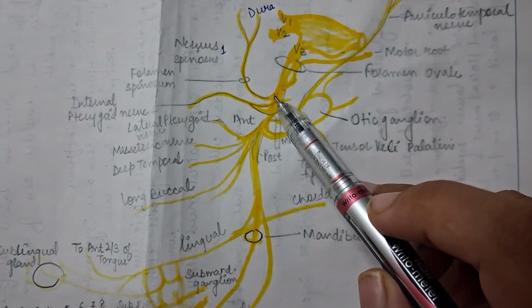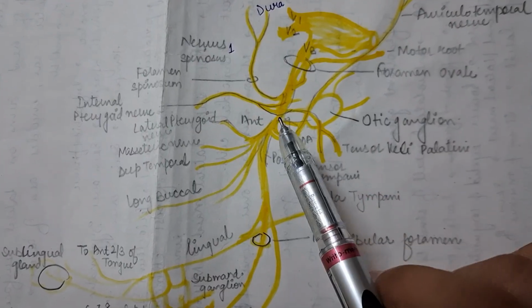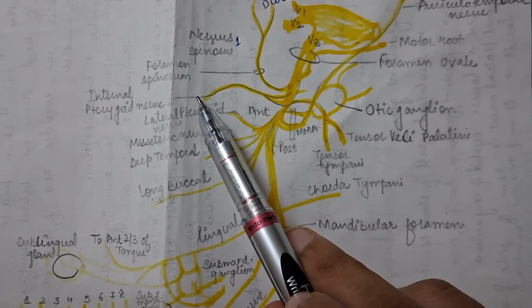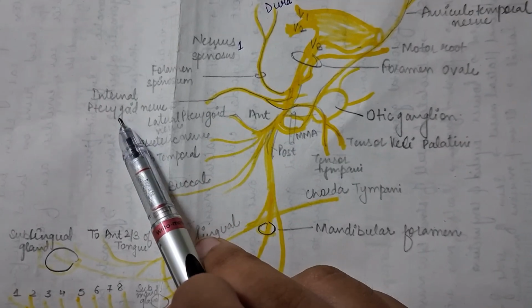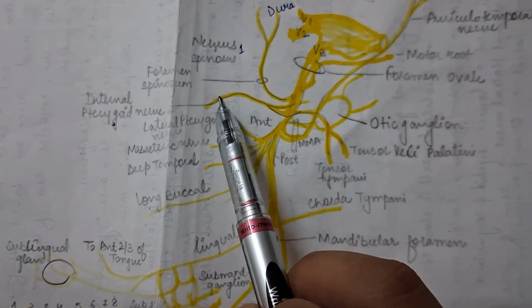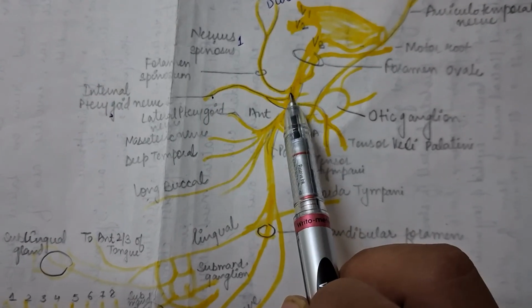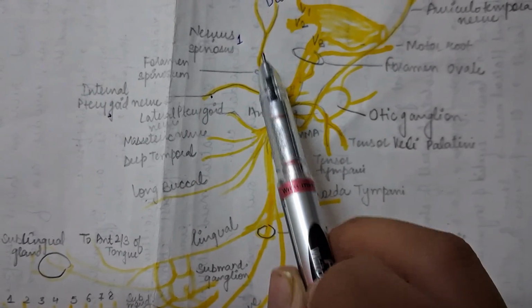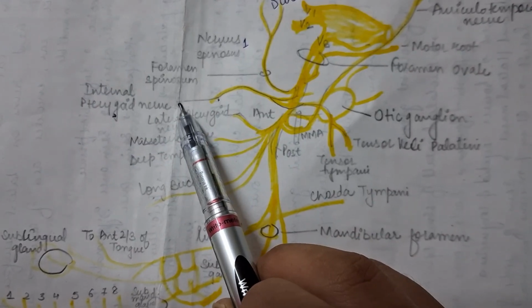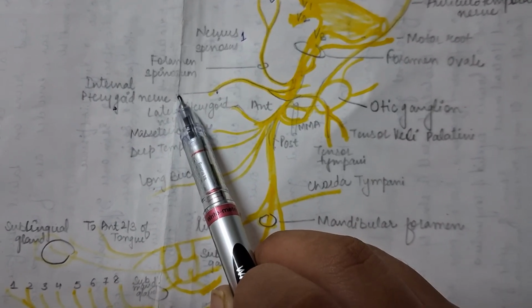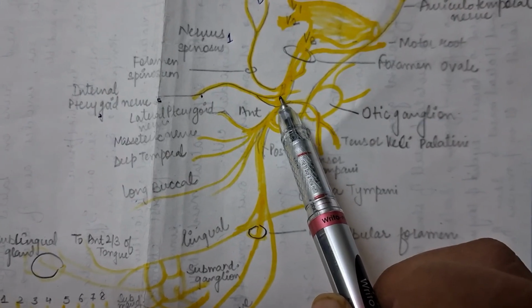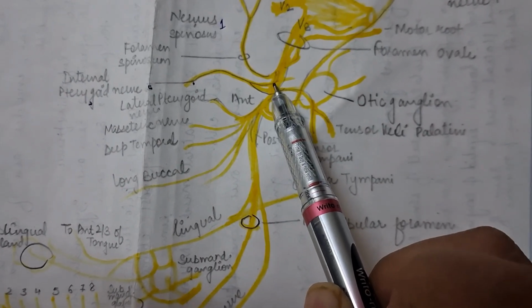Next, it gives its branch to the internal pterygoid. This is the internal pterygoid, the nerve to medial pterygoid, given from the undivided part.